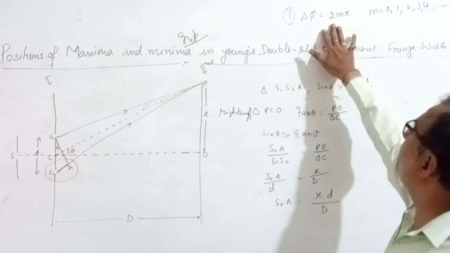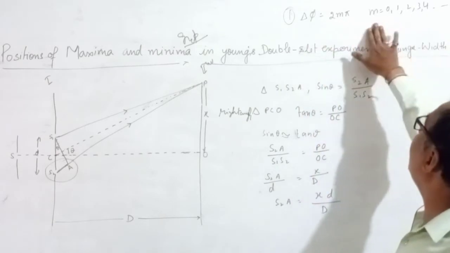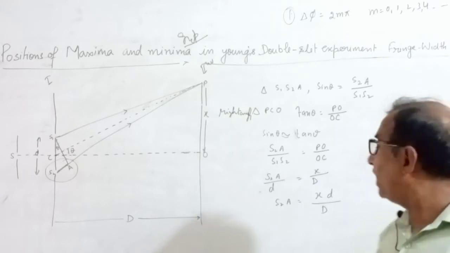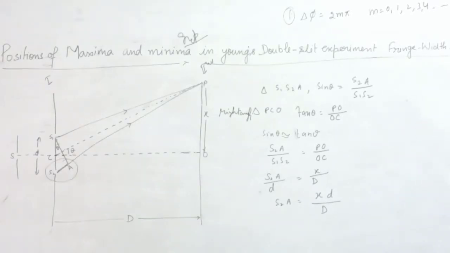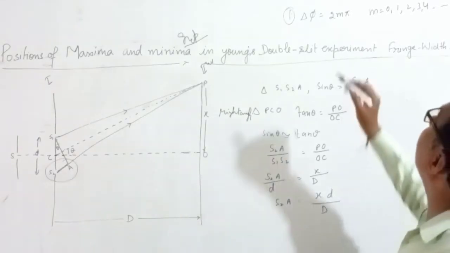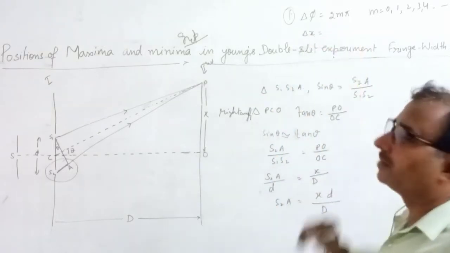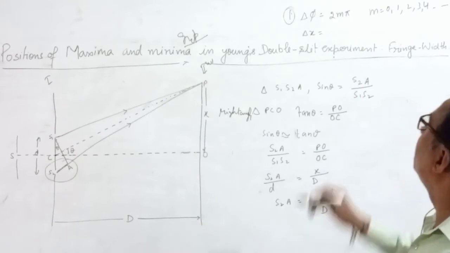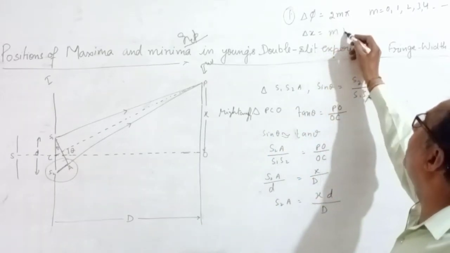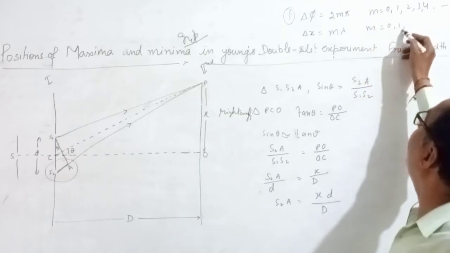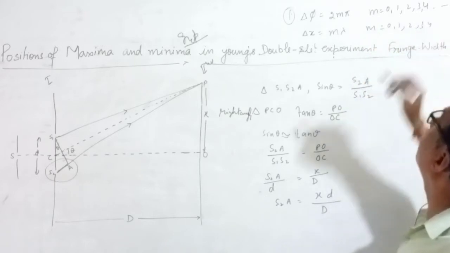So, phase difference between two waves should be 0 or even multiple of pi. And path difference between two waves, that is delta x, is m lambda, again m equal to 0, 1, 2, 3, 4.